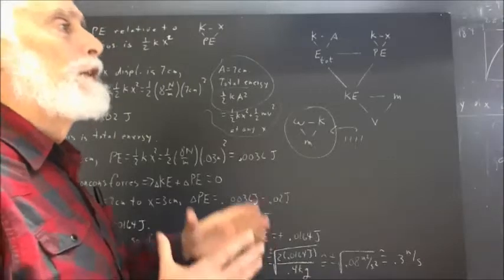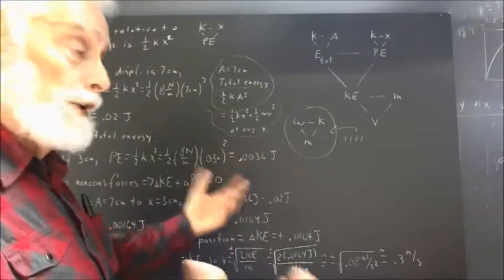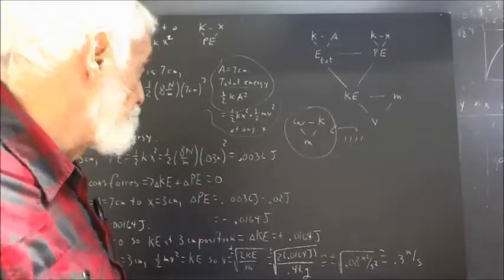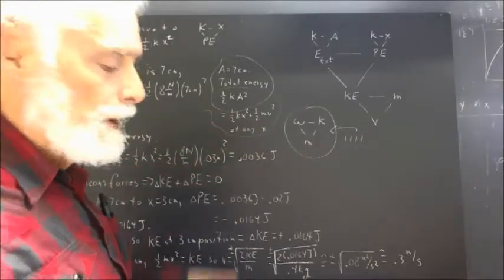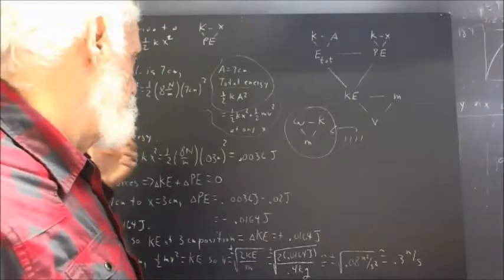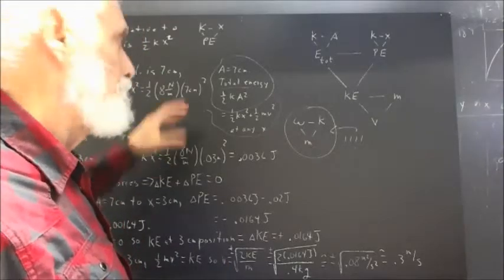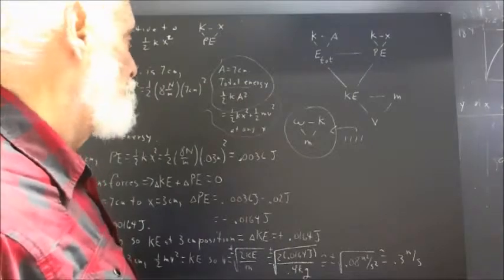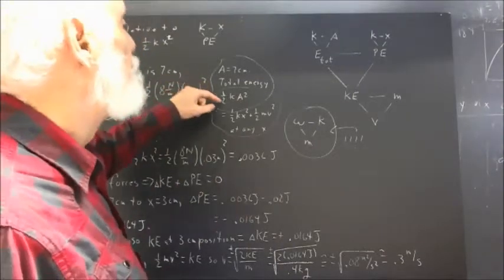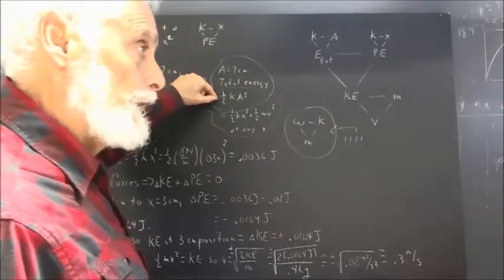If there were frictional forces, as there are in reality for most oscillators, then this won't quite be true. You'll be losing energy to friction, to other forces and other interactions. The ideal case, though, total energy is 1/2 kA squared.